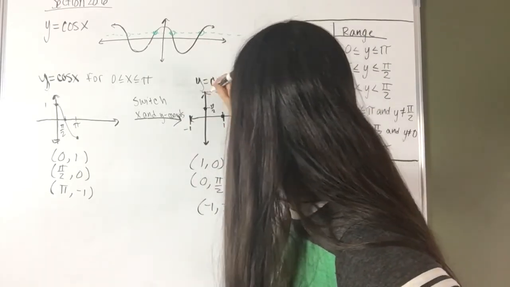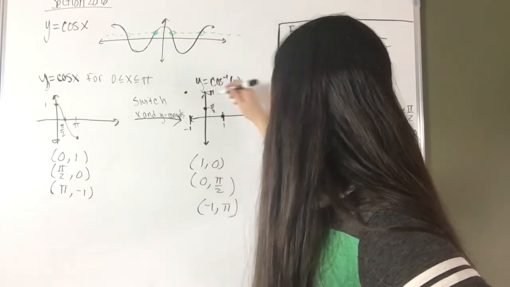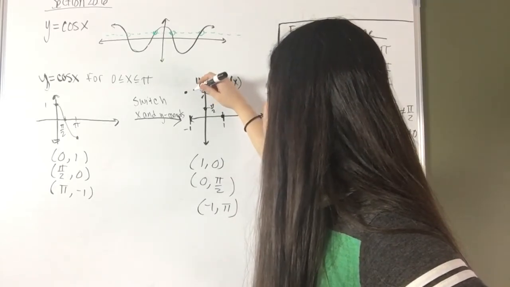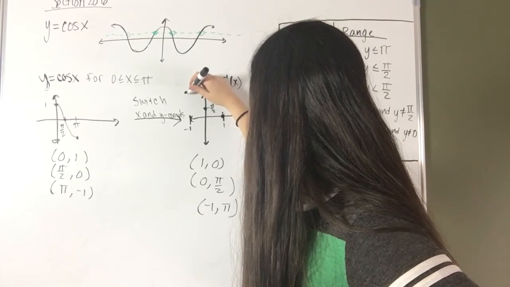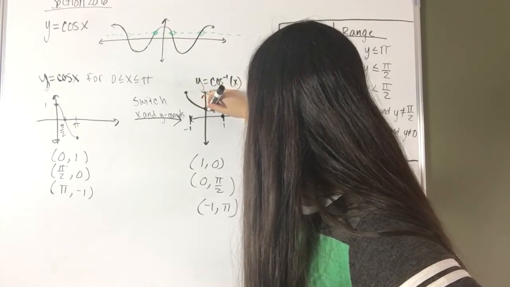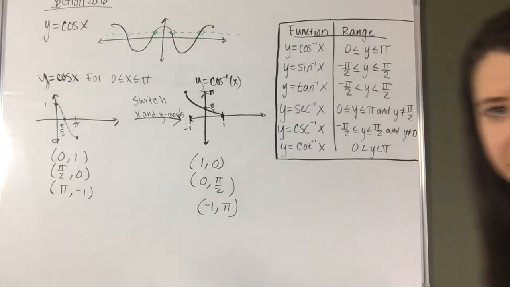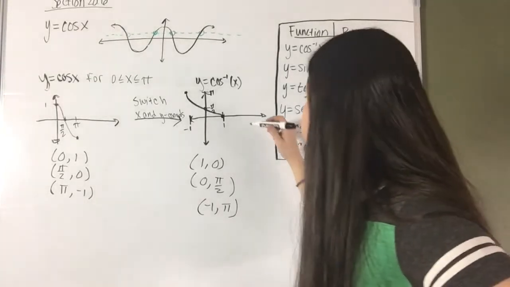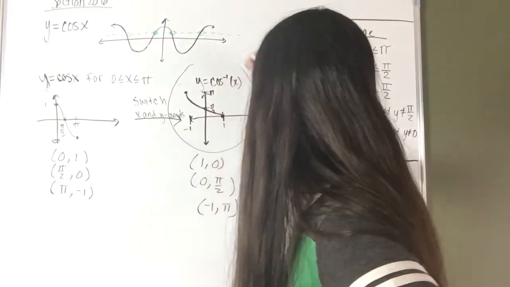And we're up at pi. So we'll say pi is here. So we have a point right here. And we have a piece of our arc cosine curve now. Actually, this is our entire arc cosine curve.